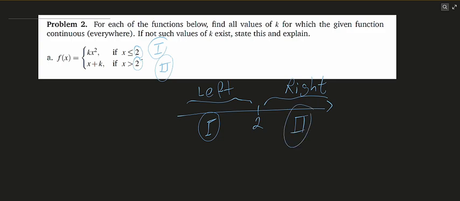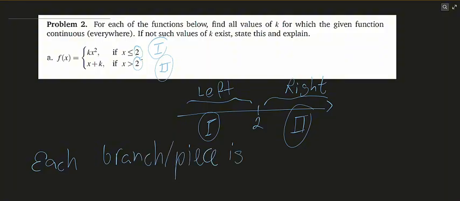Okay, now let's state this formally. Each branch slash piece is continuous in its own right.